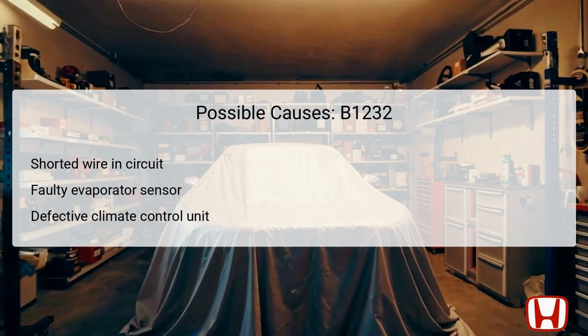Another possible cause is a defective climate control unit, which may fail to process the input from the evaporator temperature sensor correctly. Identifying the precise cause is crucial for effective resolution, as each issue requires different repair approaches.